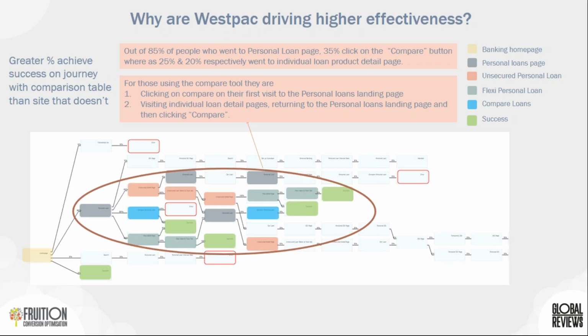So I suppose it's about catering to the different needs. So it's allowing me to view product details if I want, but also to be able to compare. And obviously the interest there is to compare, as we can see from the clickstreams.